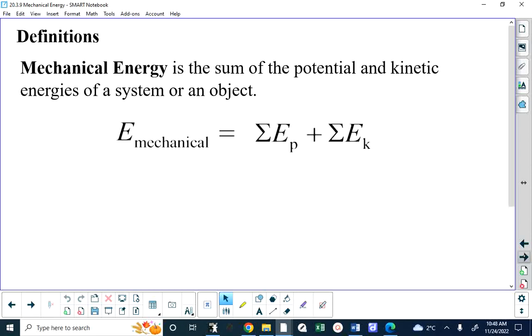So, for example, if I take a pendulum and let it go back and forth, at some points in time, mainly at the bottom of the swing, the pendulum is moving quite fast. At other points in time, when it gets to the top of its swing, it slows down.